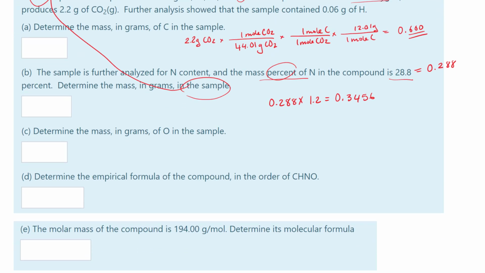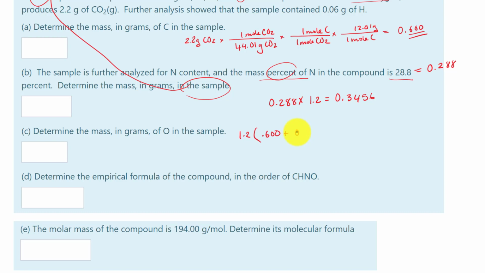And then the mass of oxygen. So now we figured out this, the last part is oxygen, right? As always, we take the sample minus the total of what we already know. Carbon is 0.600. Again, be generous with your decimal numbers.